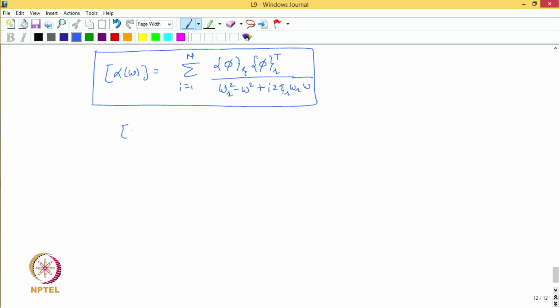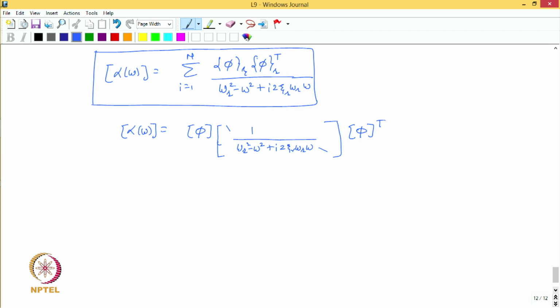We can also write this in matrix form on the right hand side. If we put all the eigenvectors in matrix form, it is going to be something like this. So, we have the diagonal matrix of omega r square minus omega square plus i 2 zeta r omega r, and we have phi transpose.